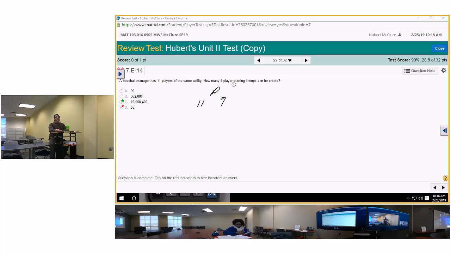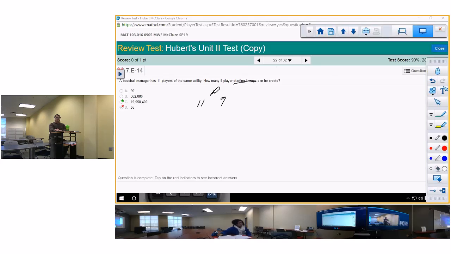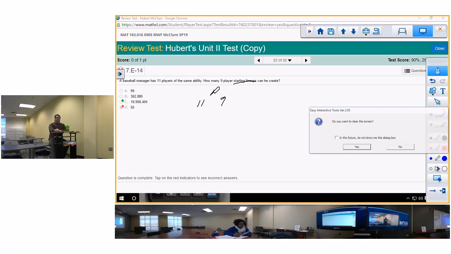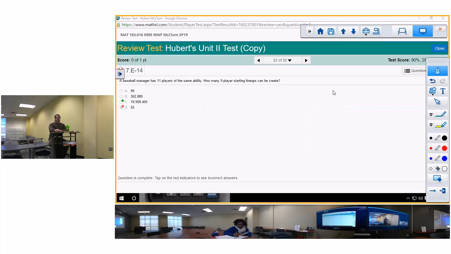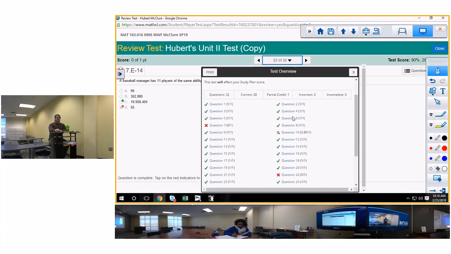I guess starting lineups means order. My bad. I missed 2. Permutation meant that order didn't matter. No, combination is order. We did combination. Remember me saying, I think that's kind of low? Yeah. That's because usually that question is huge. So I should have followed up on that. Okay, I missed 2. Let's see what the last one is.